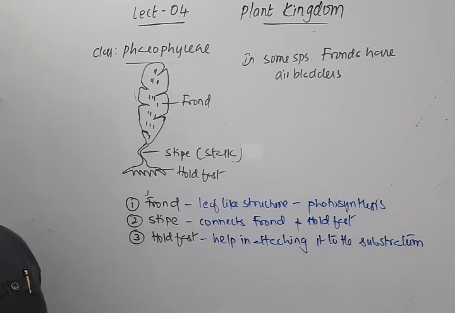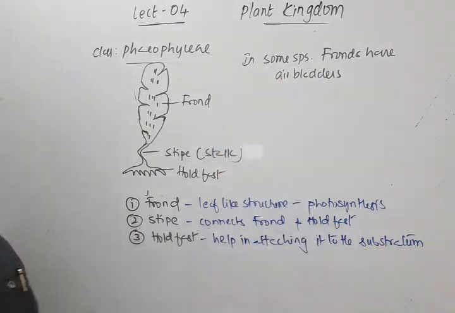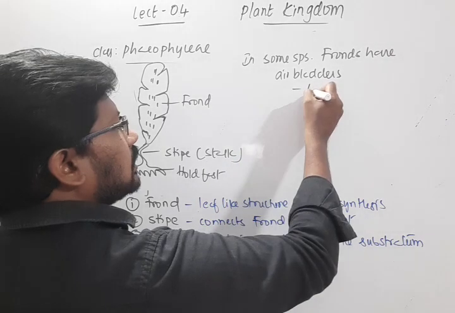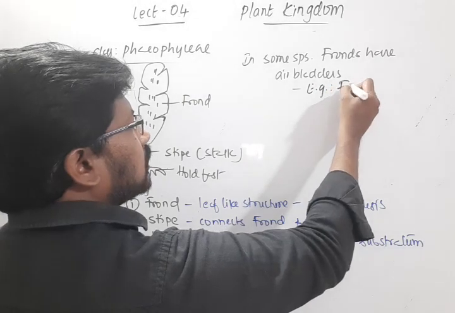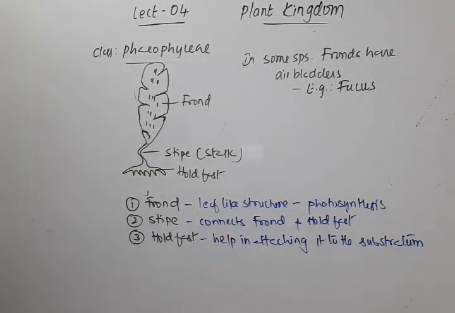So they float very close to the surface of the water, where they get maximum sunlight for photosynthesis. Like we see in the species of Fucus, we find this air bladder.